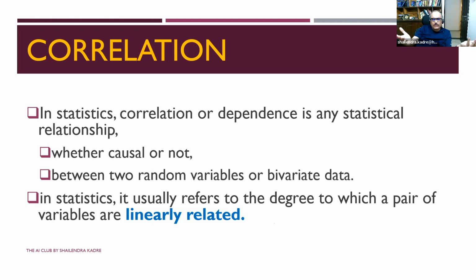To overcome that weakness of covariance, we use correlation. Correlation is the standardized version of covariance.